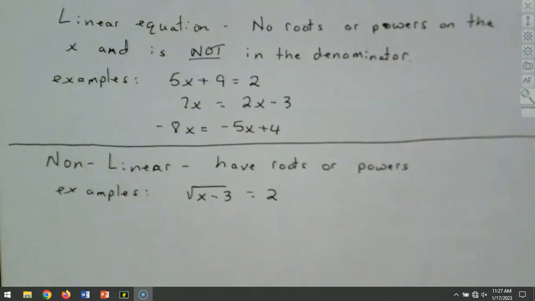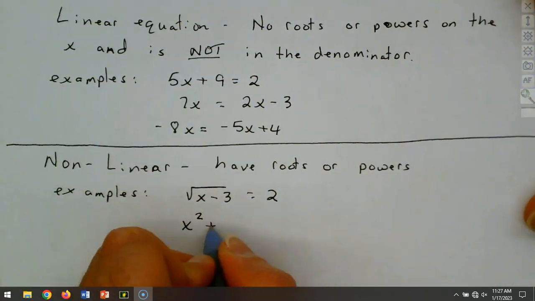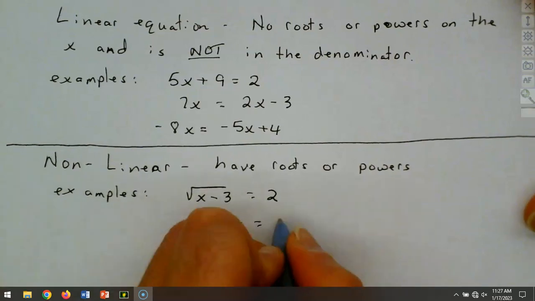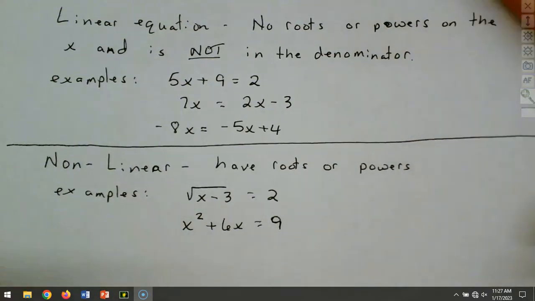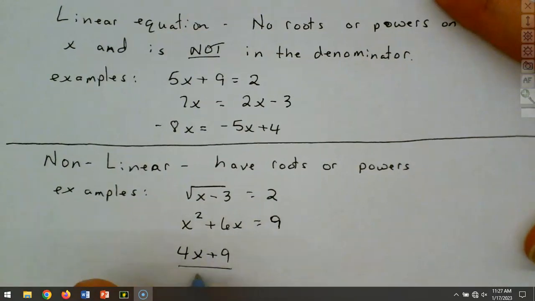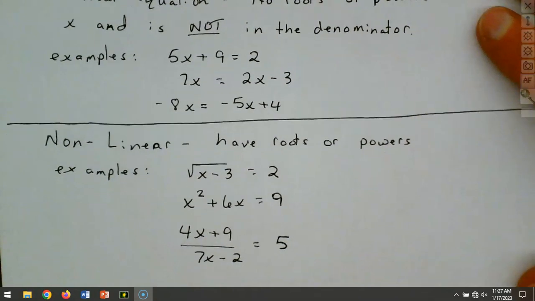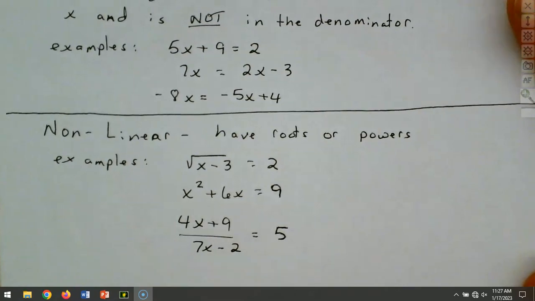Anytime you have a root, it's nonlinear. How about x squared plus 6x equals 9? That is also nonlinear. What makes it nonlinear? The powers. Let's do another one. How about (4x plus 9) over (7x minus 2) equals 5? That also is nonlinear. What makes this one nonlinear? 7x minus 2 below.